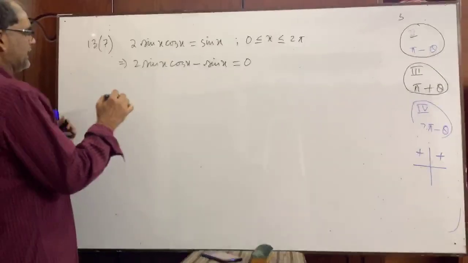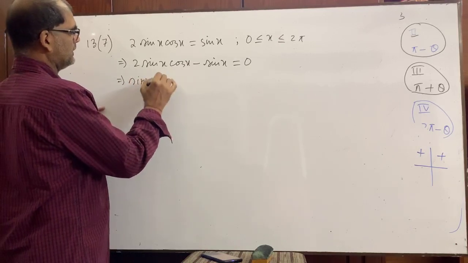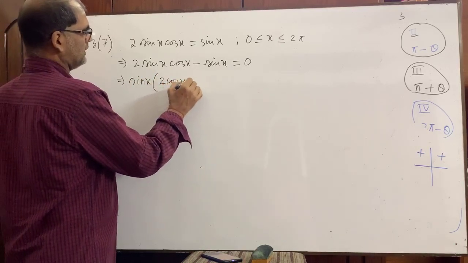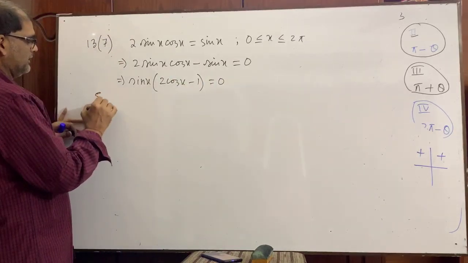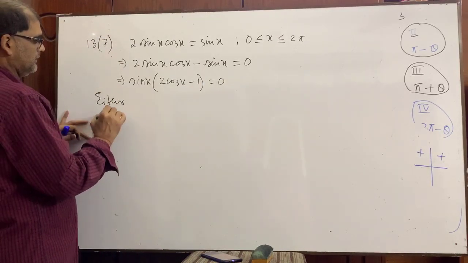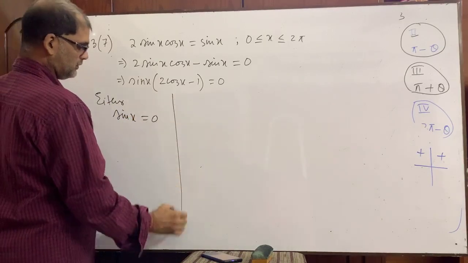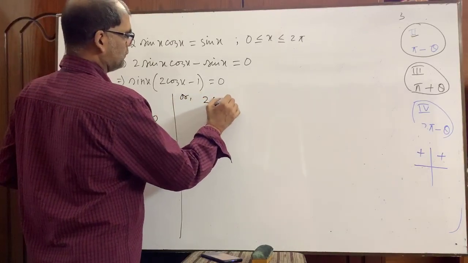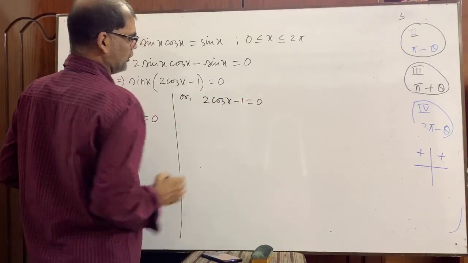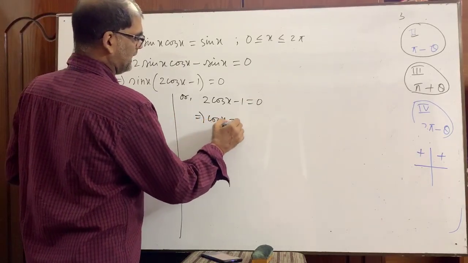Now we will take sin x common. Either sin x equals 0 or 2 cos x minus 1 equals 0. That means cos x equals half.